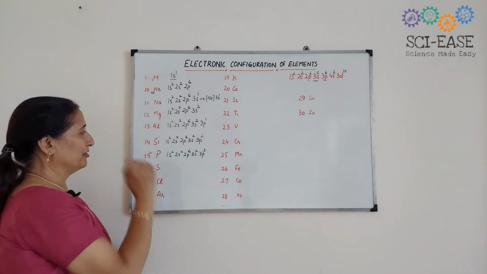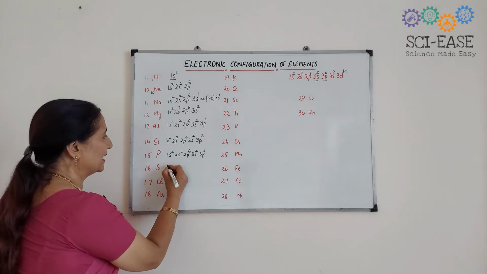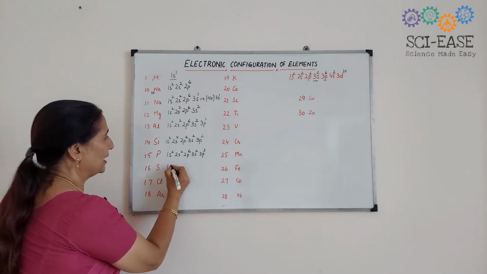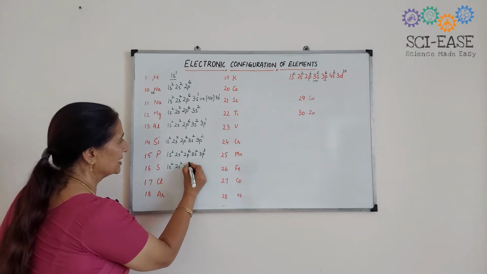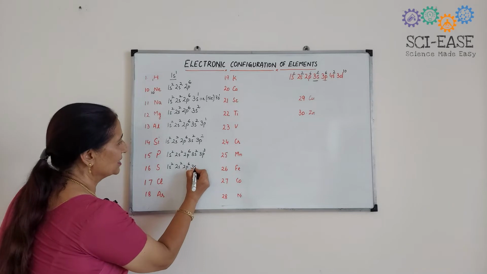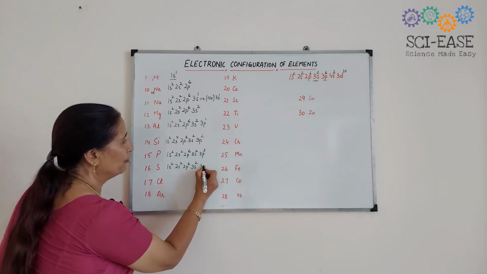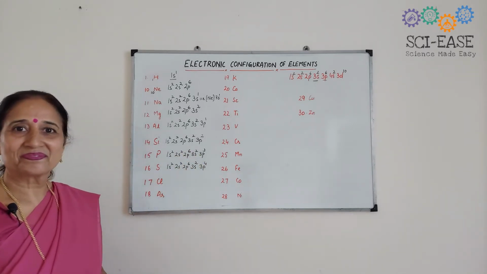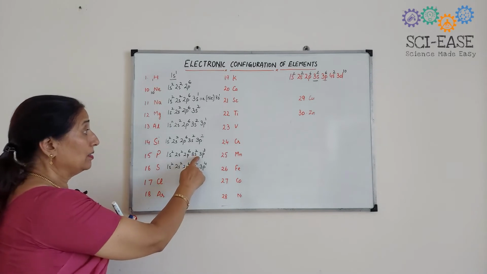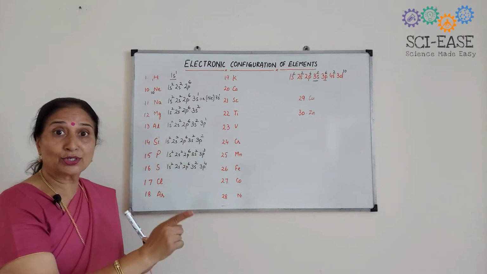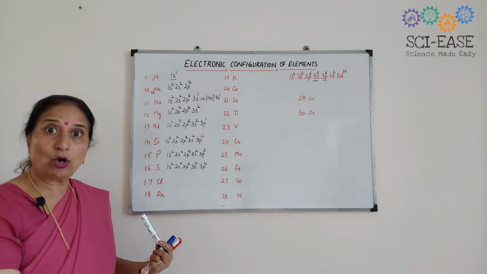Now next is sulfur with atomic number 16. So what is the electronic configuration for this? 1s2, 2s2, 2p6, 3s2, 3p4. One electron will be paired. We will fill the orbitals according to Hund's rule. First, all the orbitals will be singly occupied.